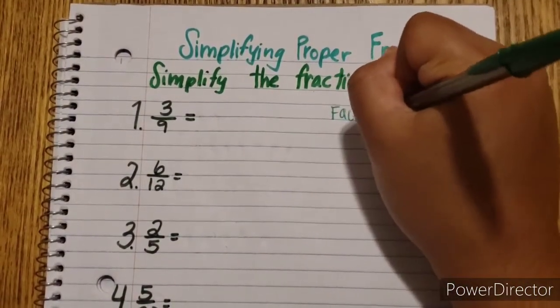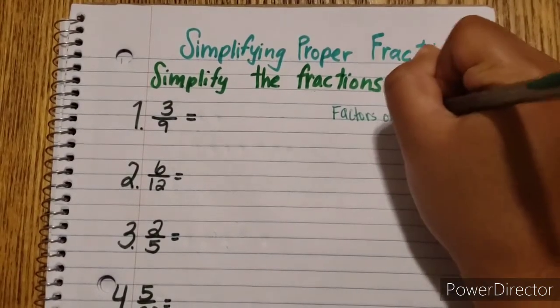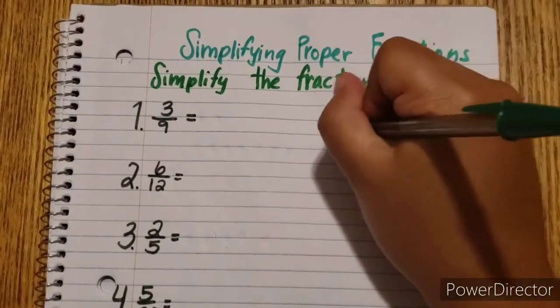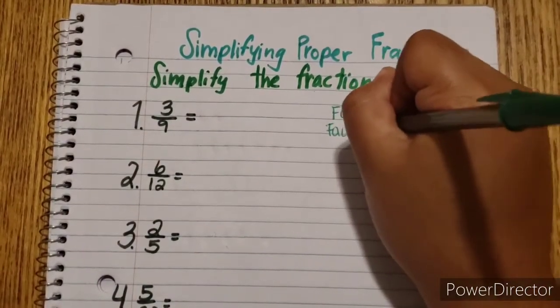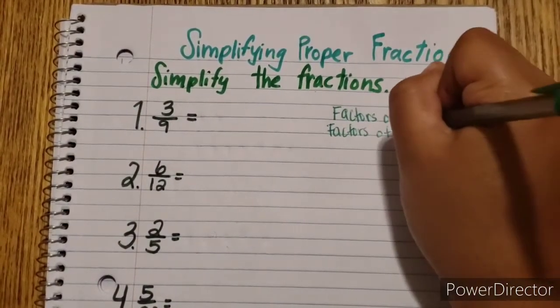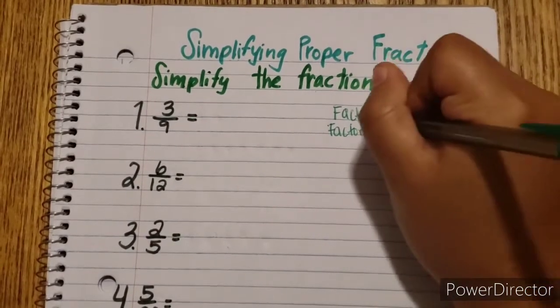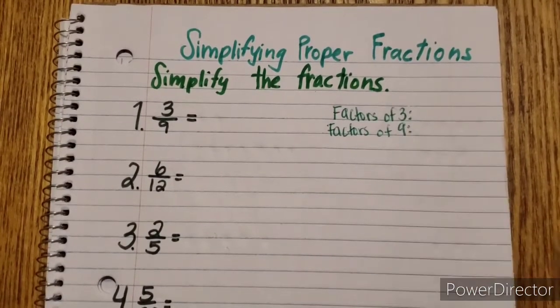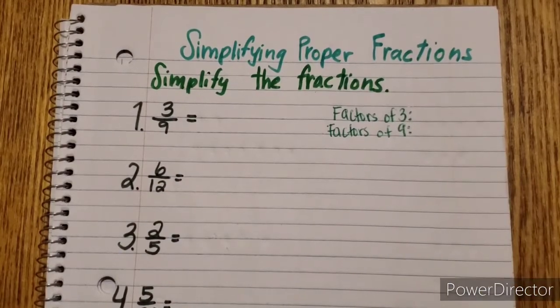By factors, we mean two numbers that multiply to give you 3, or two numbers multiplied that give you 9.